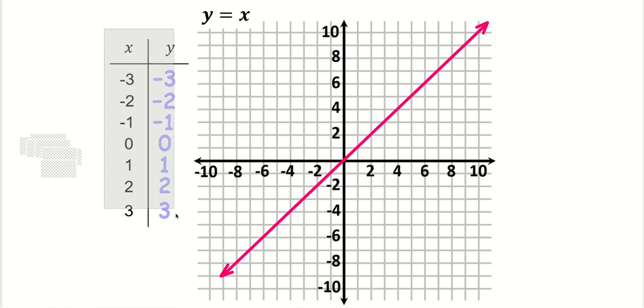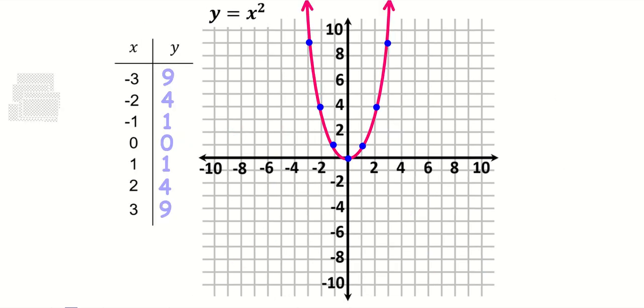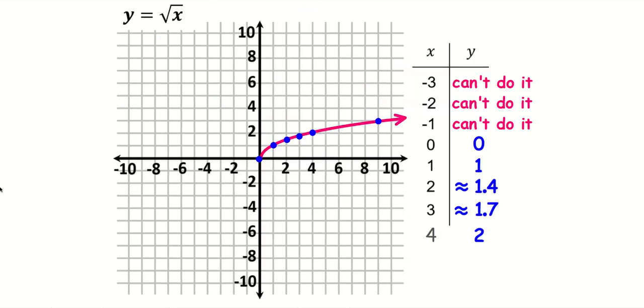And you can do the tables on the test if you need to, but the idea is that you just start to memorize these 6 graphs. This one, this one, this one, this one, this one, and this one.